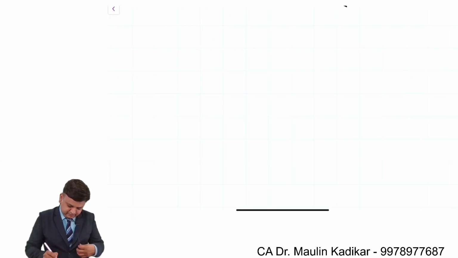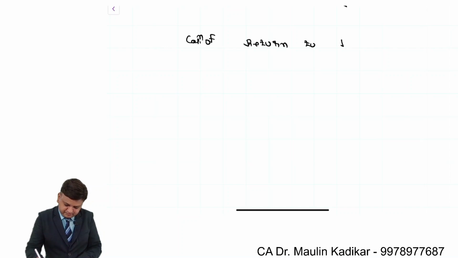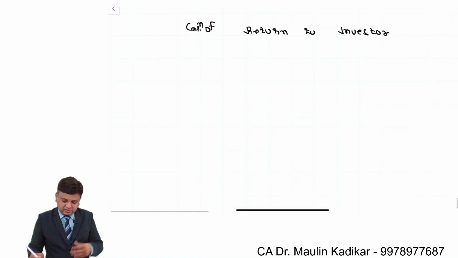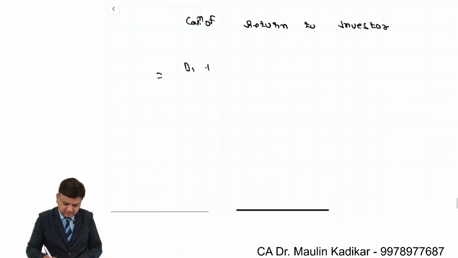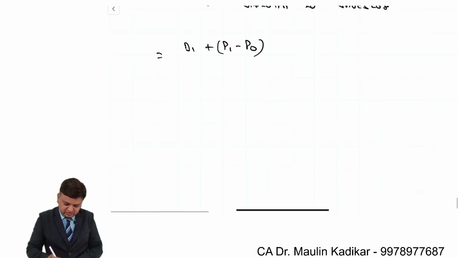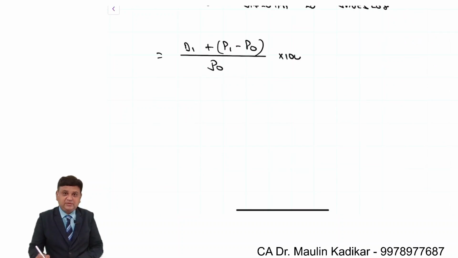So please write the answer. Calculation of return to investor. Friends, return to investor can be calculated like this: D1 plus P1 minus P0, whole divided by P0, into 100 for getting the answer in percentage terms.